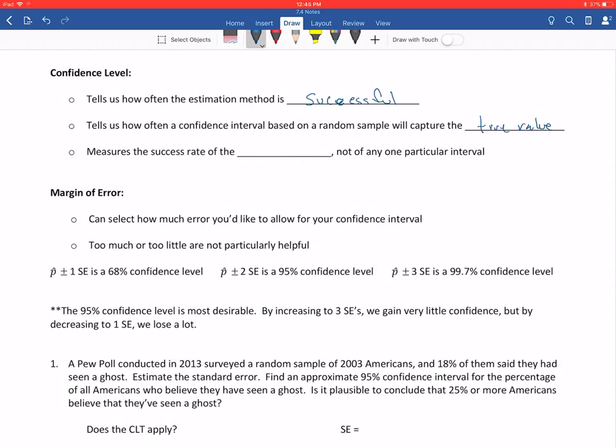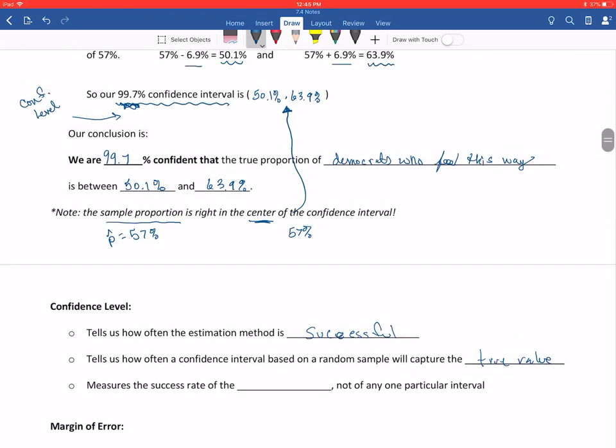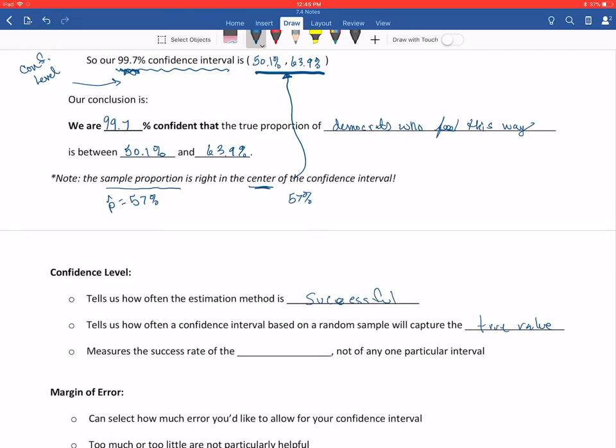How often will we actually capture the real value inside this confidence interval? 99.7% of the time it's saying the true value will be somewhere in between here. And it measures the success rate, again, of the method that we're using, not of any one particular interval. Because, again, particular intervals are just like random samples. Any one of them could hit or miss it. But we are confident in the method that we are using.